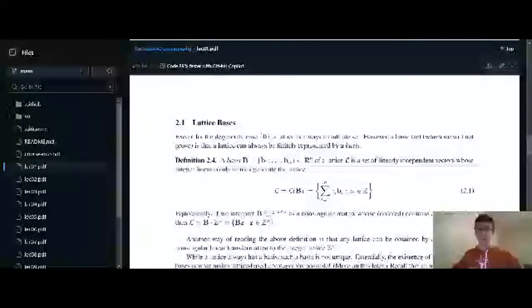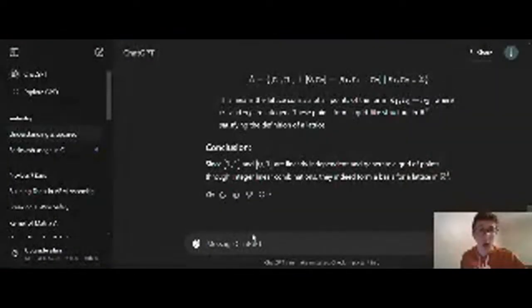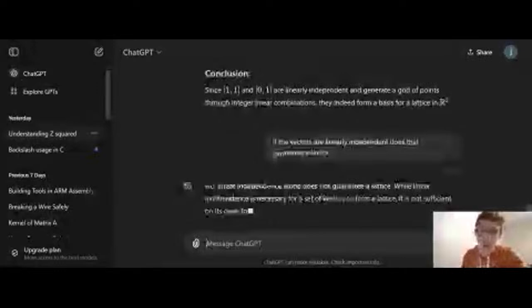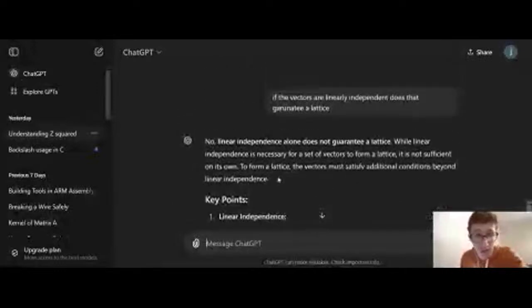And then yeah, so the good question to ask would be, if the vectors are linearly independent, does that guarantee this? My spelling is bad, but this is, see, interesting.